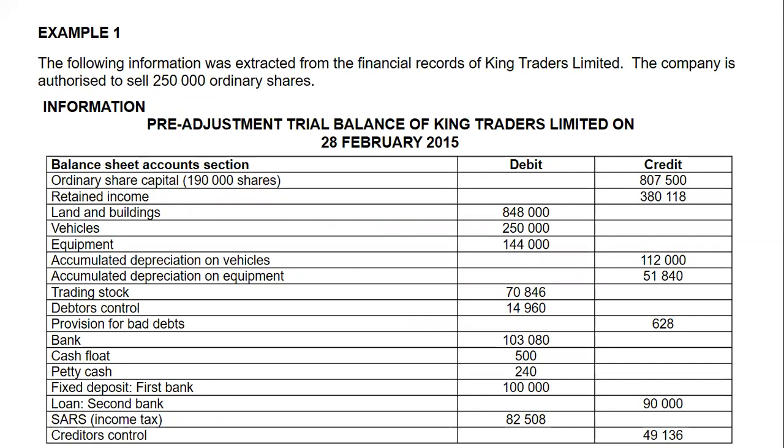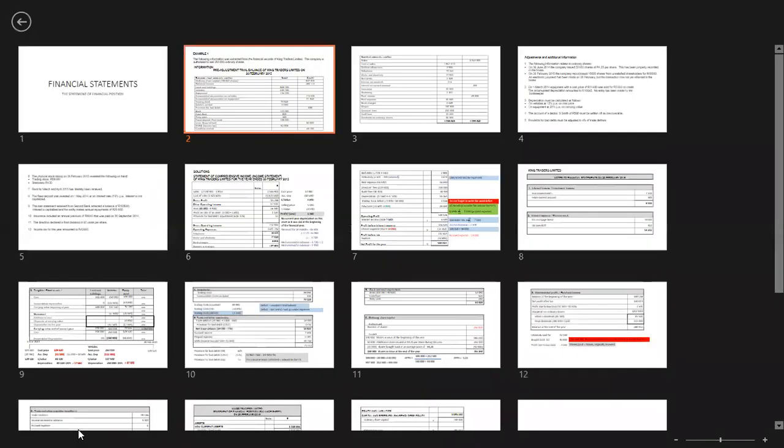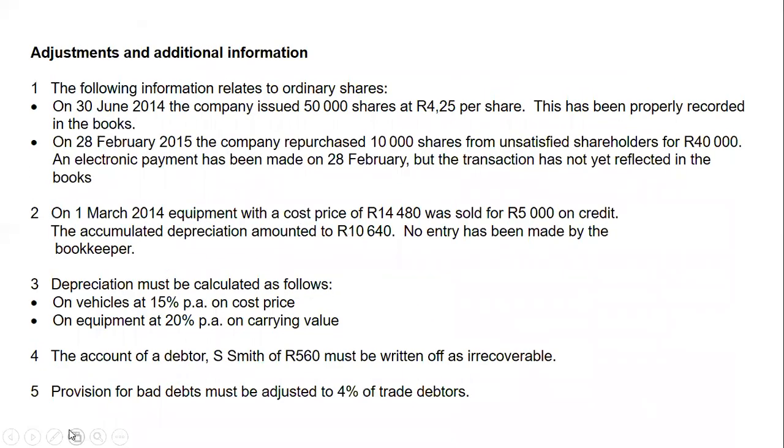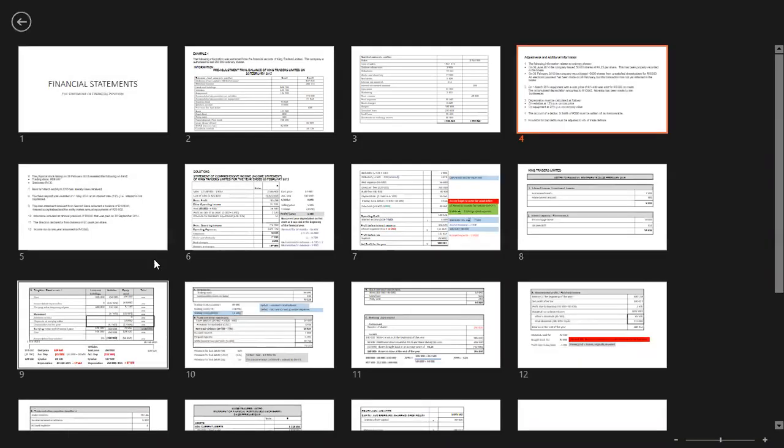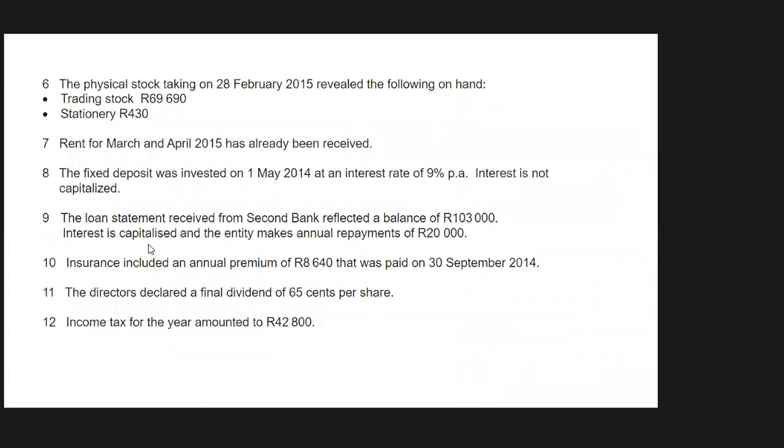We've got 90,000 and they've got 103,000. So 103 minus 90,000 gives you 13,000. The only thing that could result in your loan going up is interest. So that's why you're going to have to recognize that interest, unless it's you taking a new loan, but in this case they did not specify that we took a new loan, so it's basically interest.